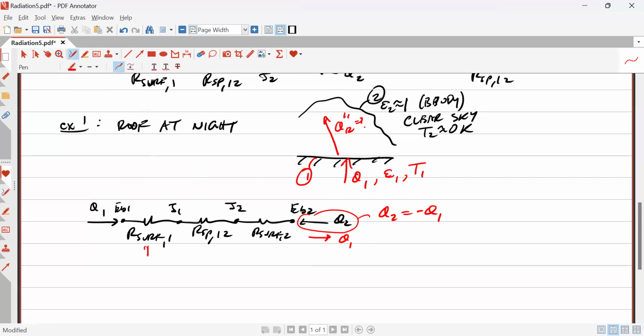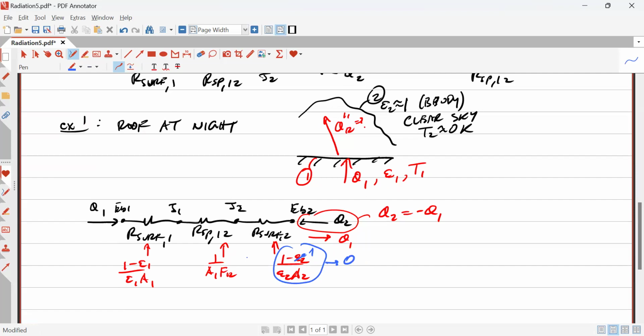All right, our surface 1 we can plug in as (1 minus epsilon 1) over epsilon 1 A1. Our spatial 1, 2 is 1 over A1 F1, 2, and our surface 2 is (1 minus epsilon 2) over epsilon 2 A2. Okay, so epsilon 2 is equal to 1. So if we put a value of 1 in here, the whole thing then goes to 0.